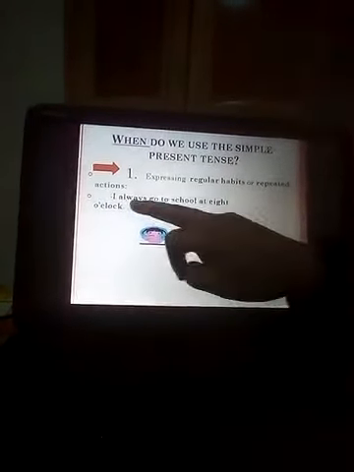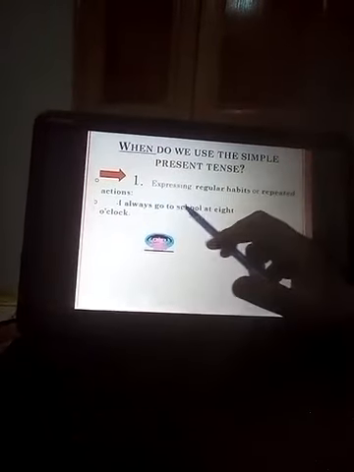We repeat it. It's a regular habit or repeated action. Like the example here. So, I always go to school at 8 o'clock. I always go. It's simple present. It's a habitual action. It's a repeated action.